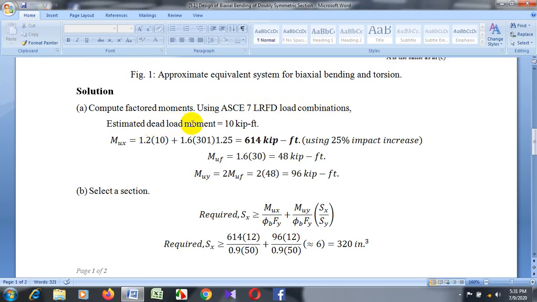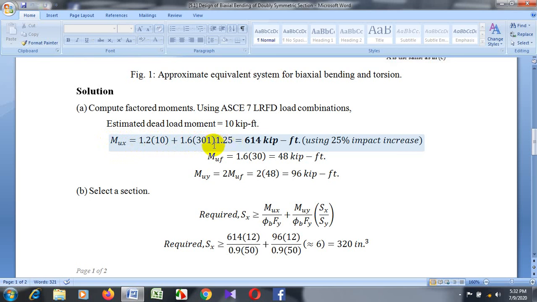Estimate the dead load moment. The dead load moment comes from the AISC LRFD manual, 10 kip-feet. Mux is the ultimate moment in the direction of x: 1.2 dead load plus 1.6 live load with 25% impact load.